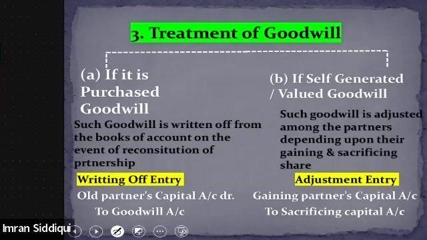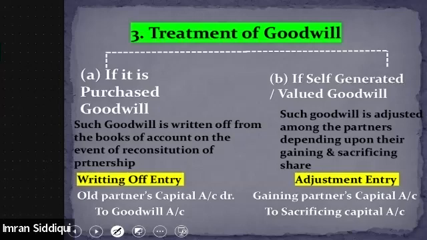And if goodwill is not given in the balance sheet, and instead its value is given in the adjustments, you will always presume that it is self-valued goodwill.